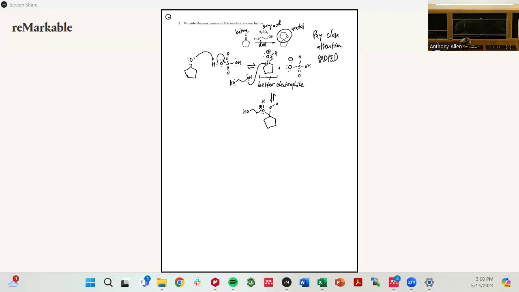All right. Deprotonation. Protonation, addition, deprotonation. Where do I have an extra proton here? On the diol oxygen, yep.